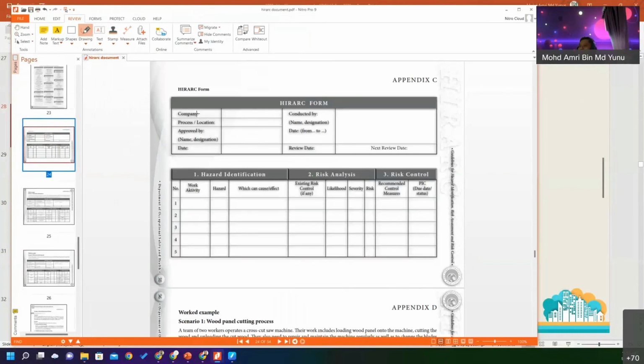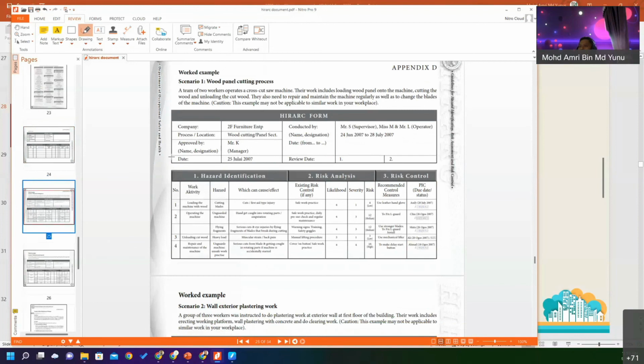In this form there is the company name, location, who approved this report, who did the report, the date, review date, and what are the hazards, what is the work or activity that involves the hazard, what can cause the effect, the risk analysis, recommended control measure, and PIC order.